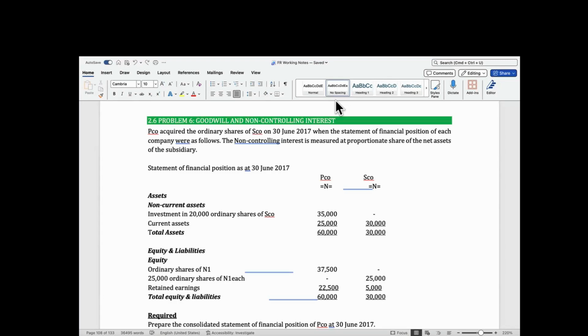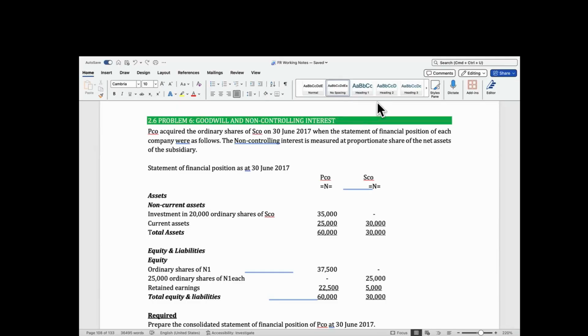Though it is part of equity because they are part owners of the subsidiary as well, so we put it as part of the equity. And they also share part of the retained earnings of the subsidiary. Now, basically, that was all we did.